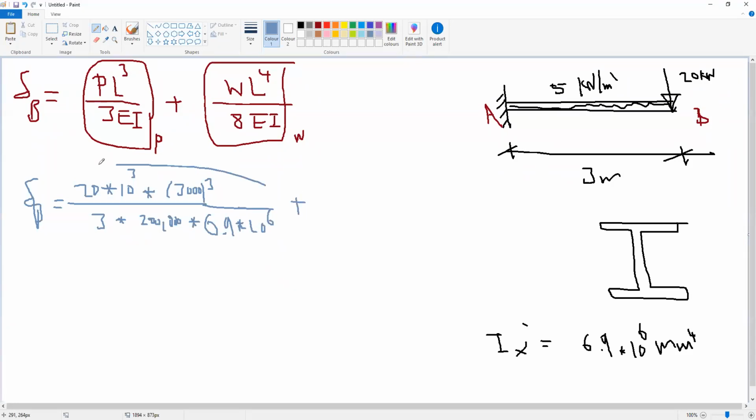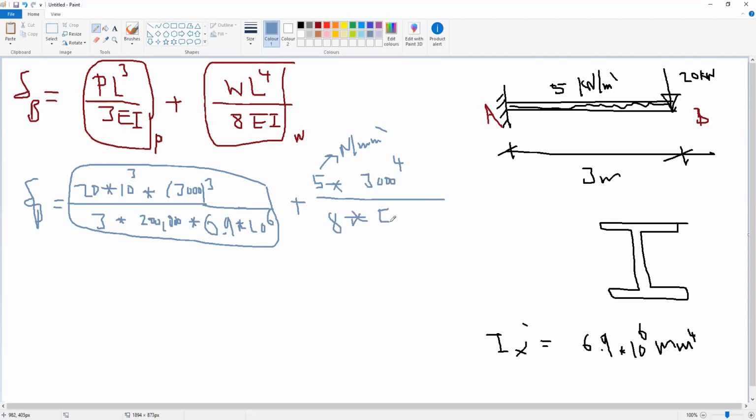Plus, this is for the concentrated load. Plus for the uniform load, W is 5 kilonewton per meter, and similarly will be Newton per millimeter, multiplied by L, 3000 to the power 4 divided by 8 multiplied by similar E and similar I, and this is the deflection for the uniform load.